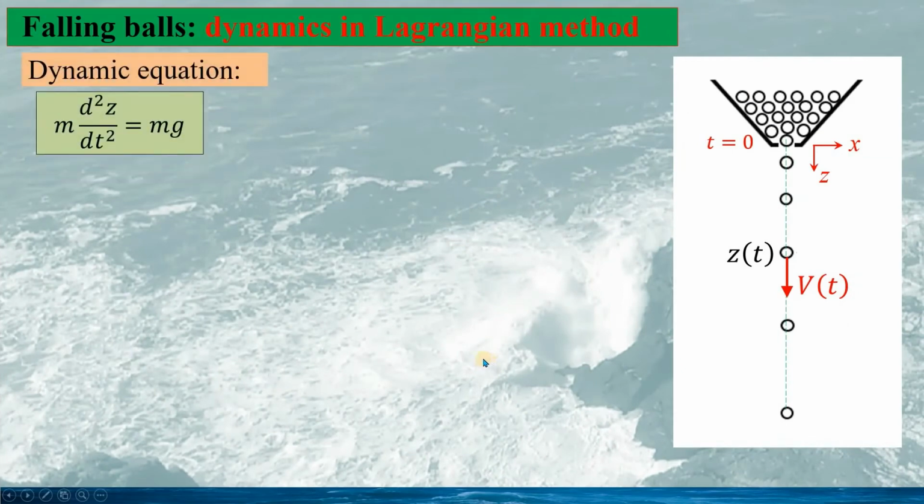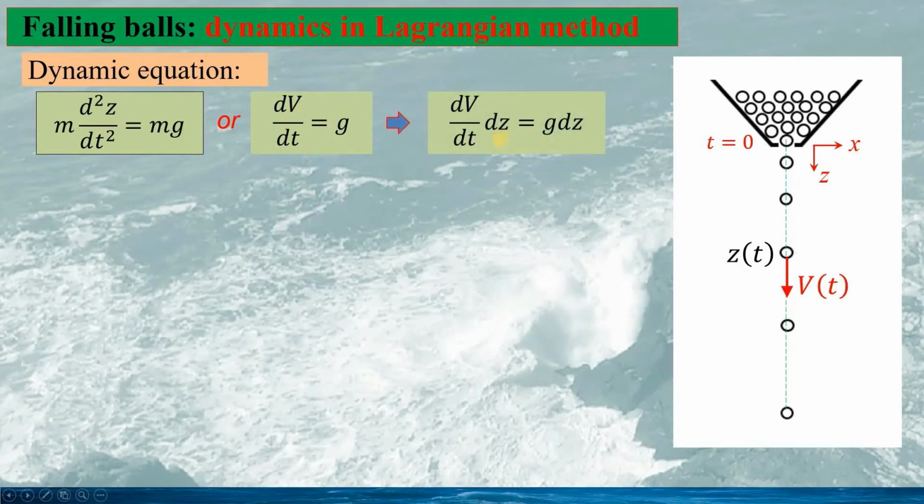So the dynamics of the falling ball in the Lagrangian method is given as this: m times acceleration equals the force mg. Or the dynamic equation can be written as this.